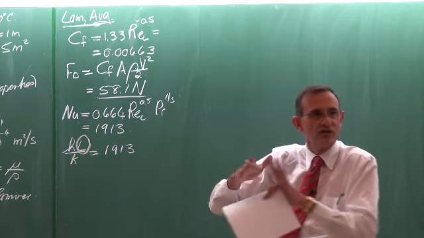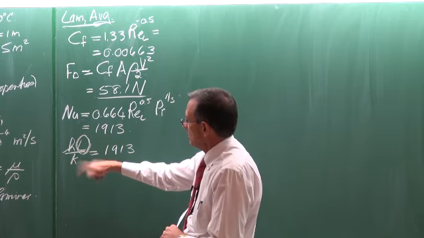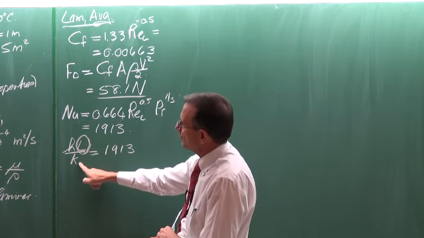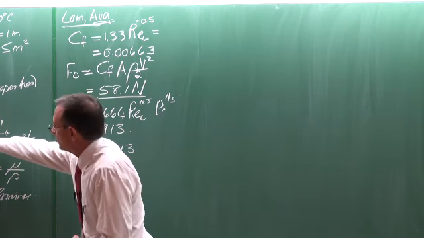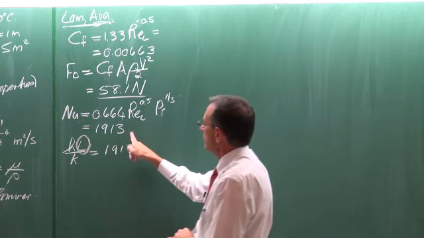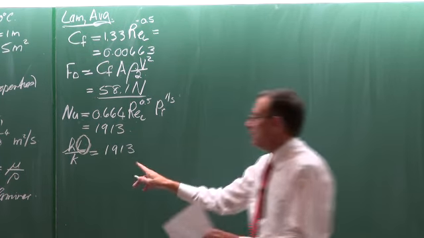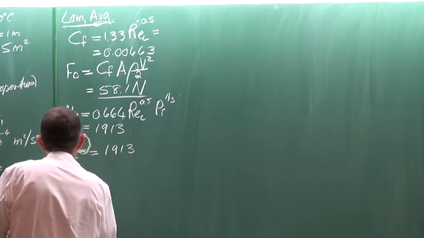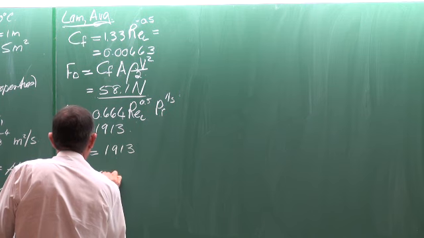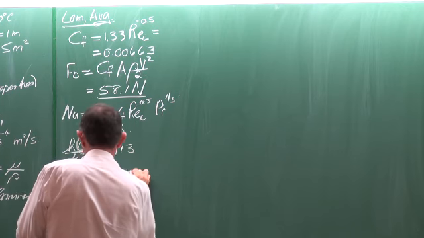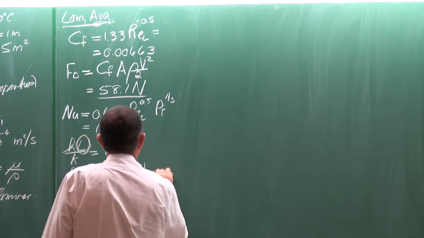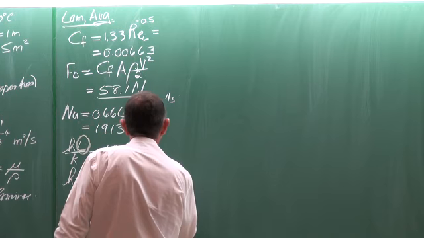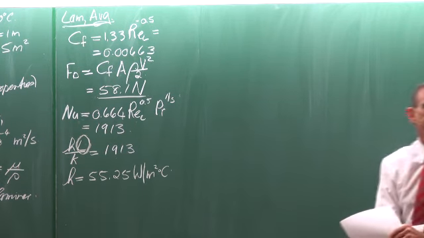So that is a known. The thermal conductivity is 0.1444. It's equal to 1913, and we can solve the heat transfer coefficient as 55.25 watts per meter square Kelvin or degree Celsius, whichever you prefer.